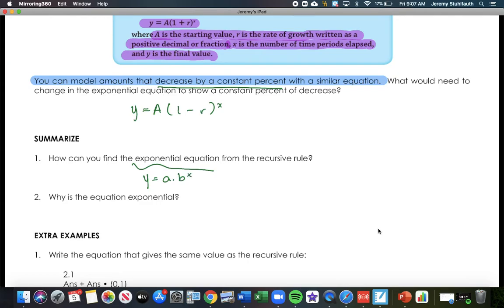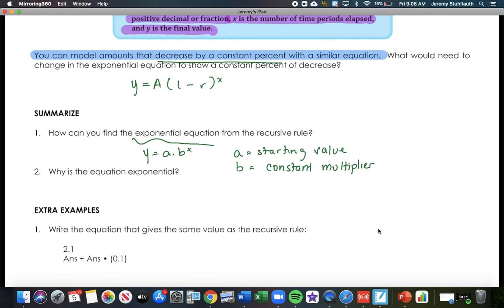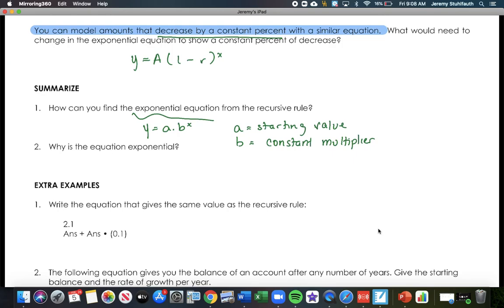And what you get is a is going to be equal to your starting value from your recursive rule, and b is going to be equal to your constant multiplier that you get from your recursive rule. All right. And that gives you your equation y equals a times b to the x power. The second one asks, why is the equation exponential? And the reason that it is exponential is because it represents repeated multiplication.